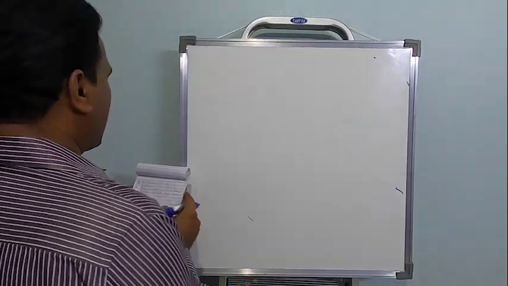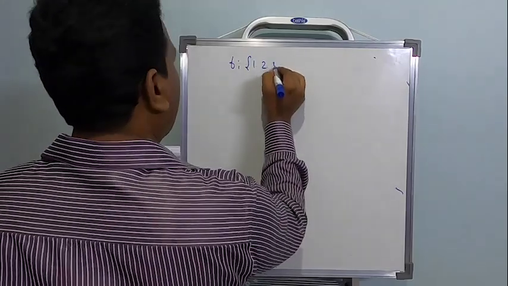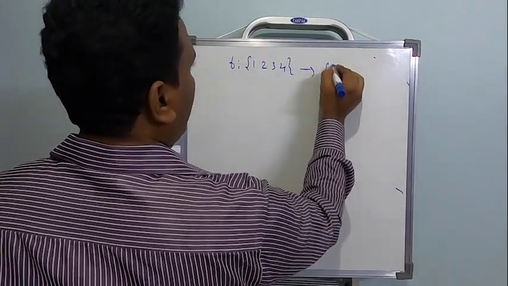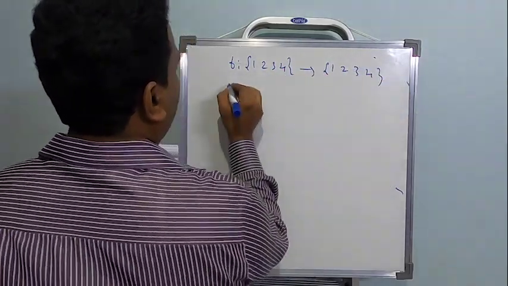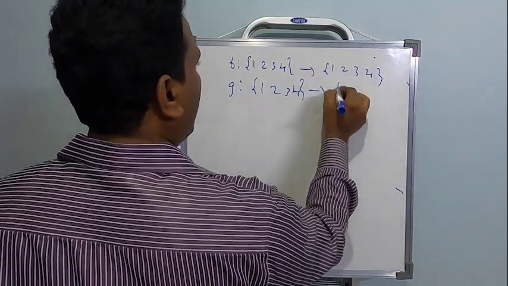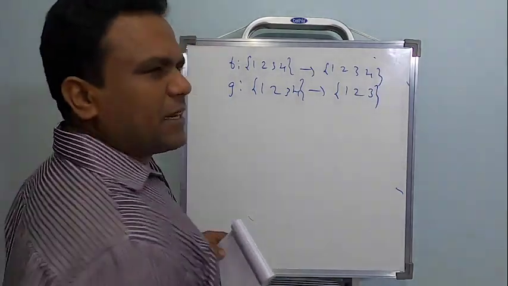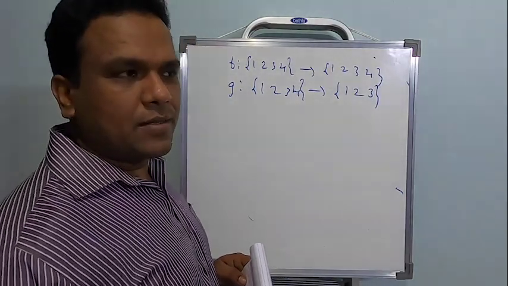So I will select a function here. f is a function from {1, 2, 3, 4} to {1, 2, 3, 4}, and g is a function from {1, 2, 3, 4} to {1, 2, 3}. I have selected a function, right? You can create your own examples, please; do not depend on the example which I am giving.